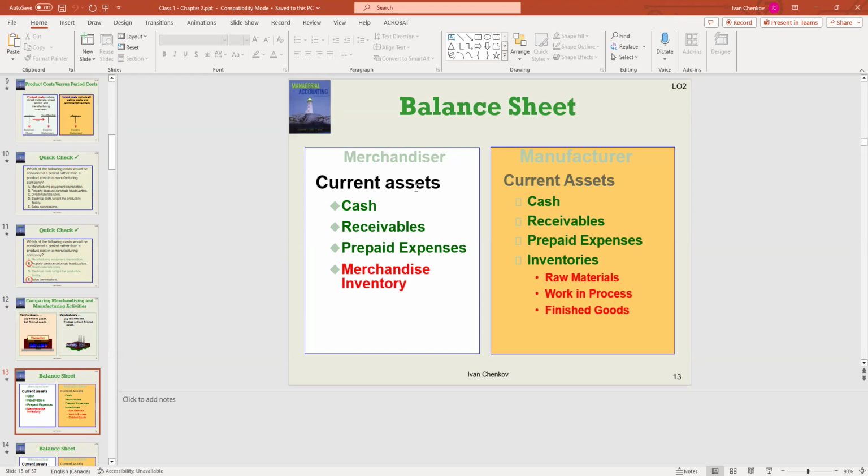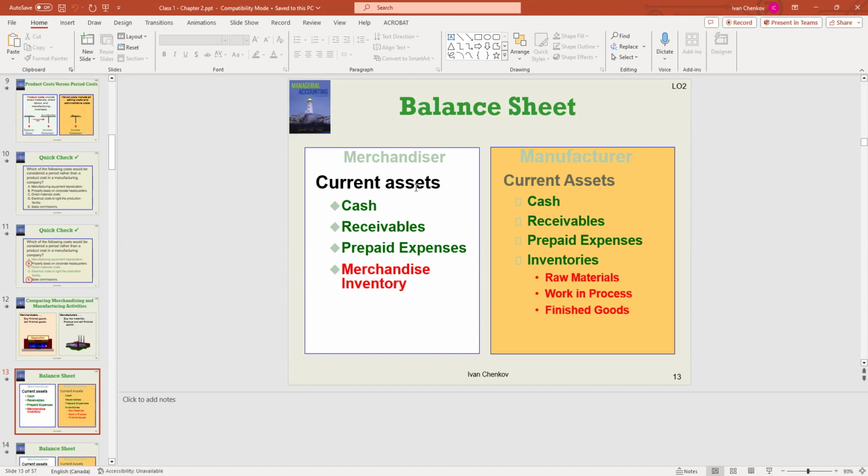Why? Because first we have to buy raw material, so we can use that raw material as direct material. Second, once we start working the raw material, since we have a reporting date at the end of the month, there will always be products which are started and not completed. For that reason, we're going to have this account called work in process.